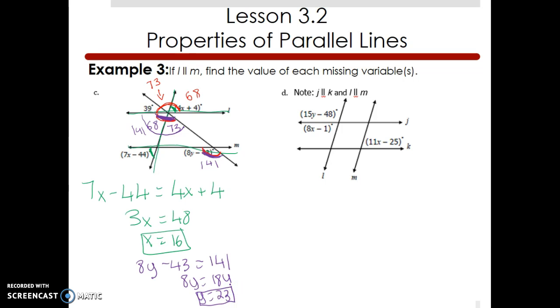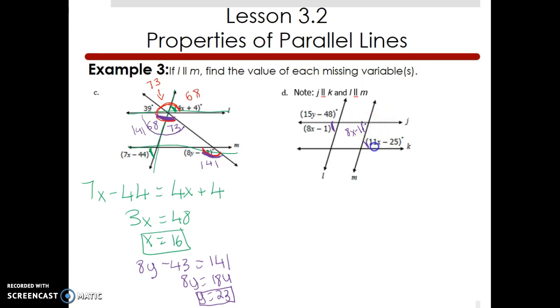All right, and the last one, there's multiple ways, and the one thing that I would do is look at that. You have an x here, an x here, but they have different transversals. So they don't have any relationships as of yet. However, if I know this is 8x minus 1, then I know this angle is also going to be 8x minus 1 because they're corresponding.